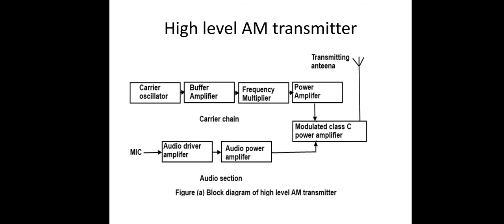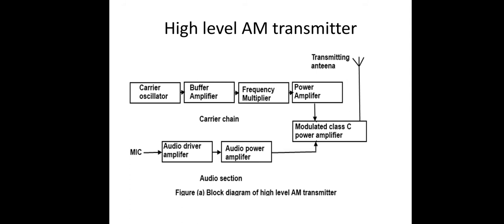Now, the working principle: the crystal oscillator or carrier oscillator output is first amplified to the power level using a class A RF power amplifier, and the modulating signal is also amplified to a high power level before the modulation takes place.